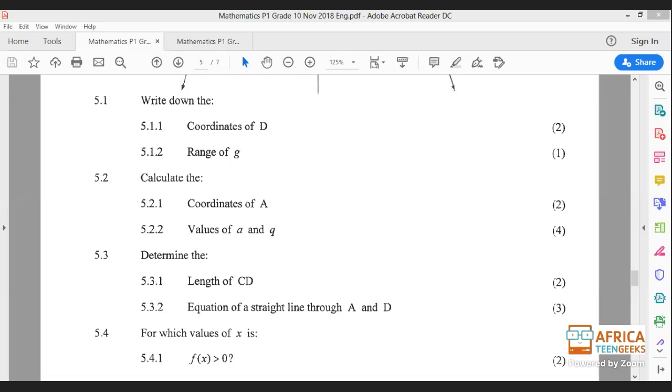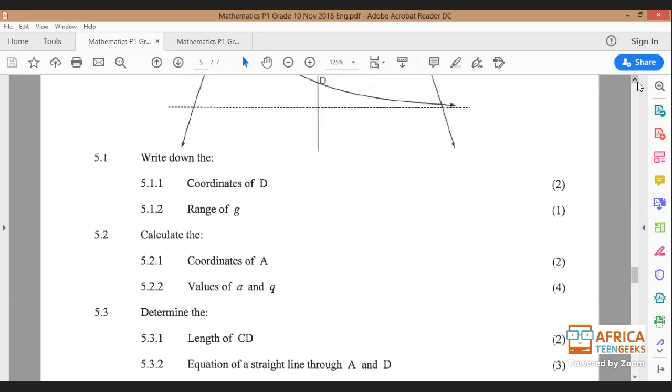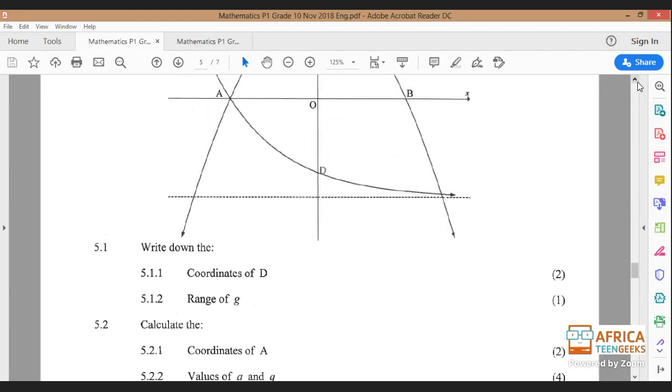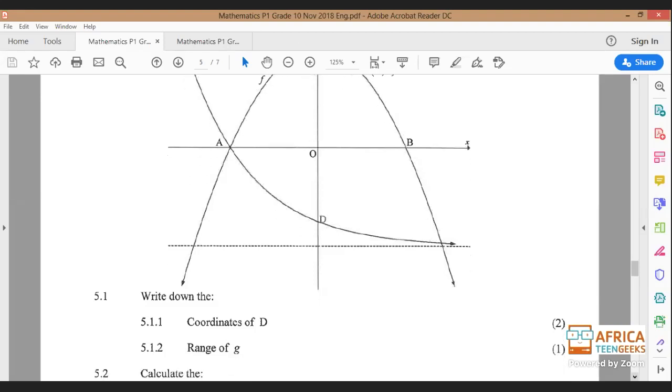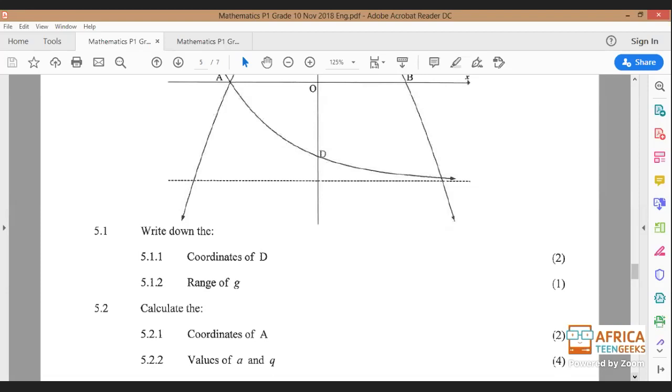So basically here, f(x) is greater than 0, right? We need to check the equation of f(x). f(x) is our parabola. The equation was not given, but we can compute it because we got the values of a and q from 5.22.